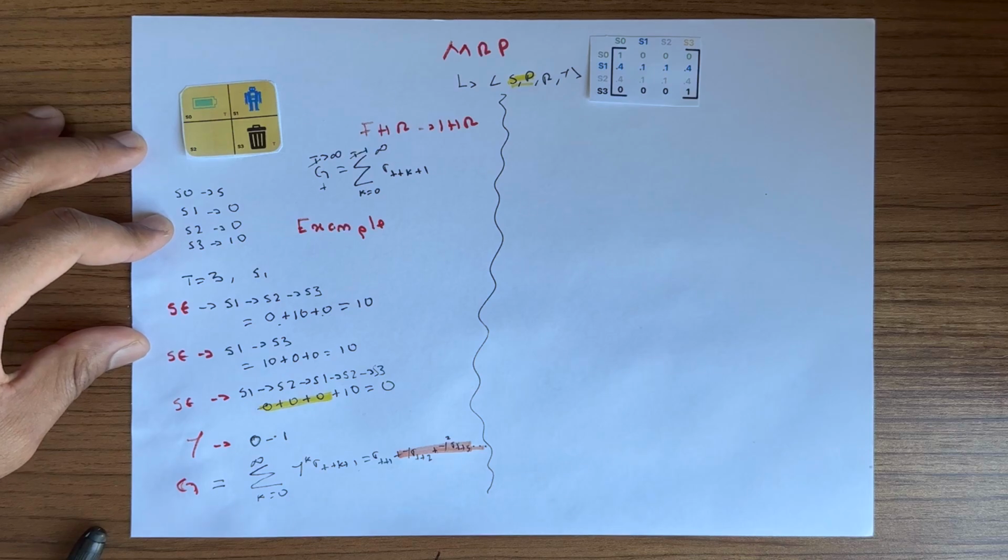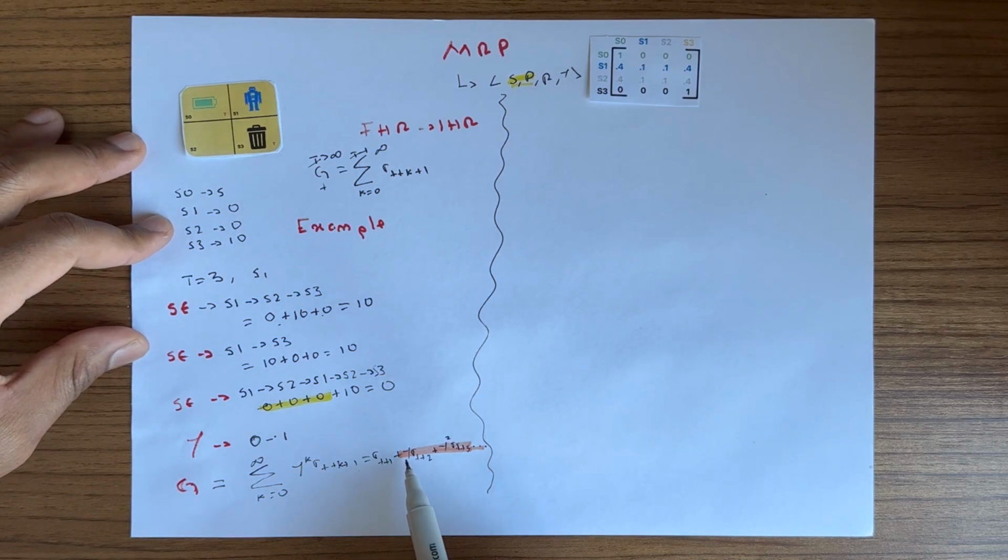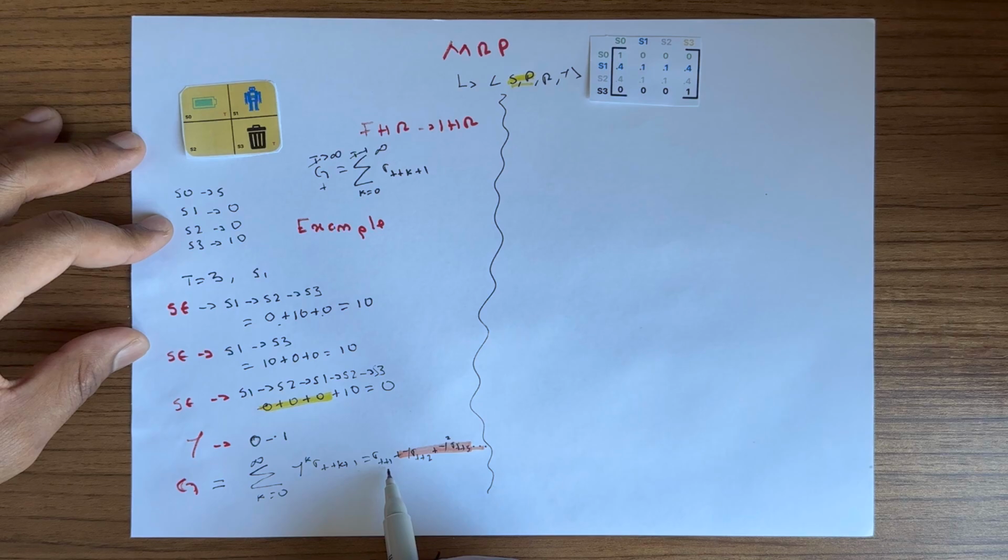Now think of this: depending on gamma, when gamma is close to 0, we are going to be emphasizing immediate rewards. Imagine if gamma was 0, these highlighted values are really going to go to 0, and we are only going to give importance to the immediate reward.